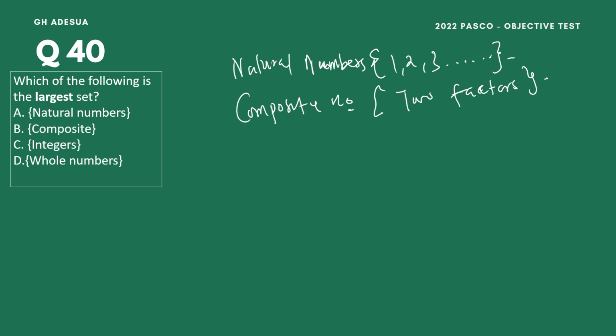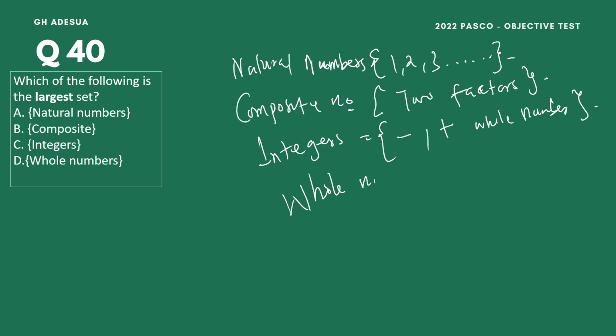Whereas the integers, in this case, are both positive and negative numbers, or positive and negative whole numbers. And then for whole numbers, we are counting from 0, 1, 2, etc.